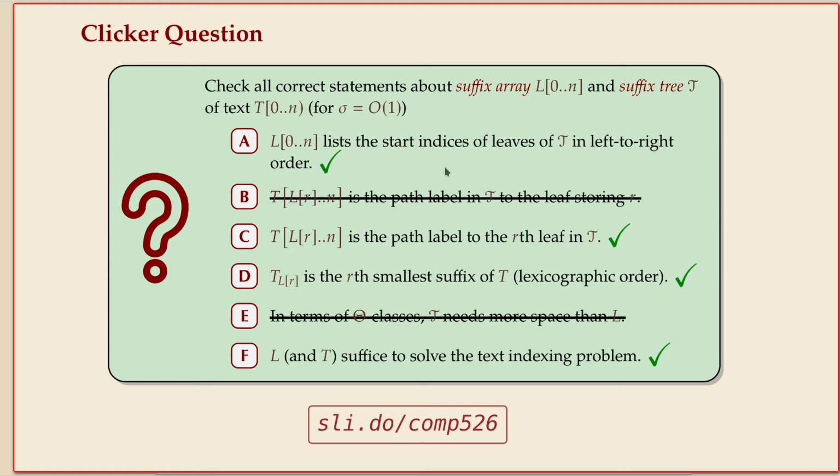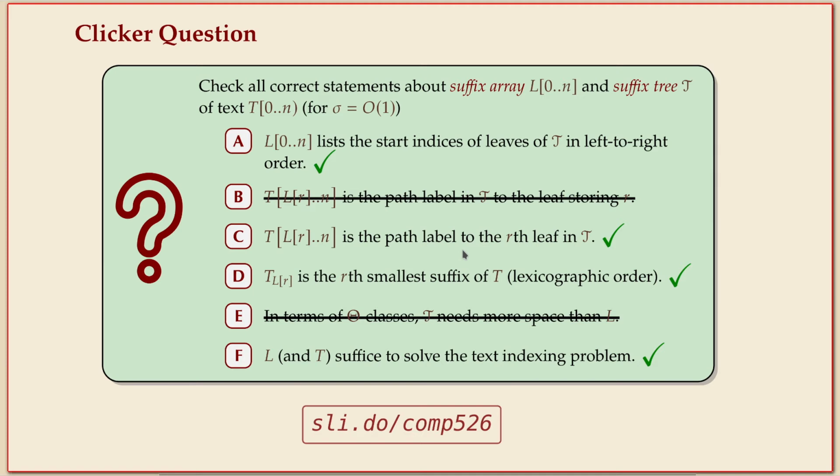What can we say about the suffix array? First of all, L is indeed the list of starting indices that are written in the leaves as you see them if you go from left to right in the tree. If you draw the tree like every normal computer scientist does, with the root at the top and growing into the ground, well, we got used to that, I guess, then the leaves come left to right.